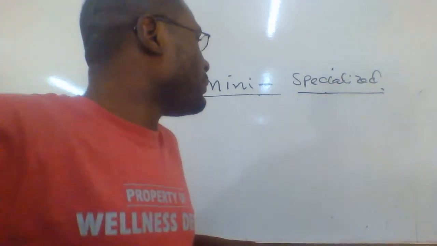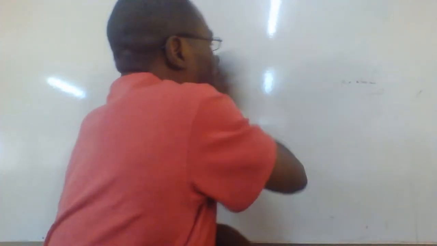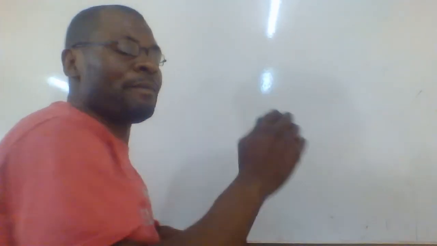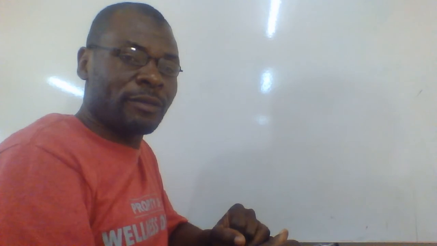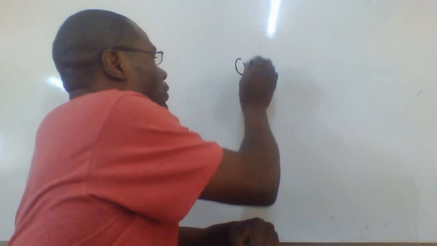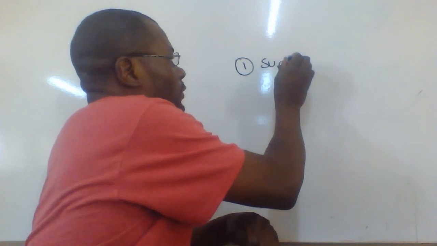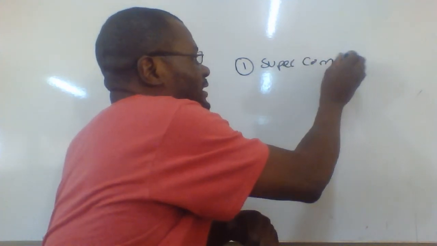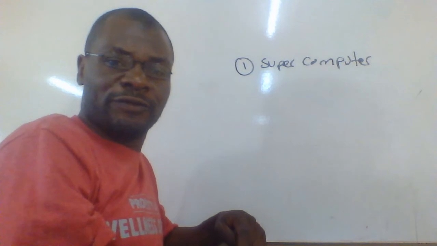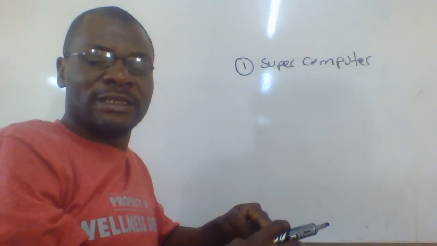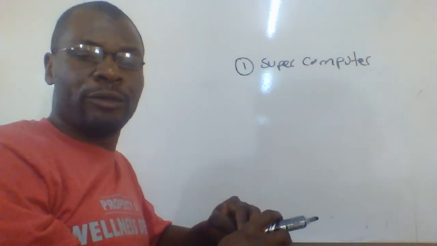So the main focus that we will be going in the direction of is the microcomputers. But first of all, we've got what we call the supercomputers. Supercomputers are very expensive, and a small organization cannot even manage to buy one.